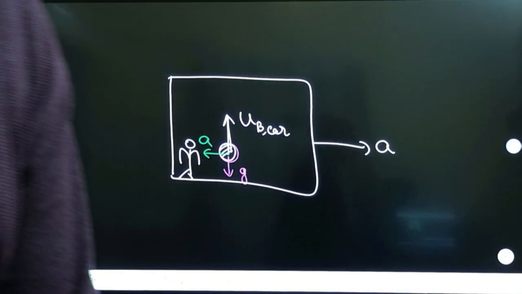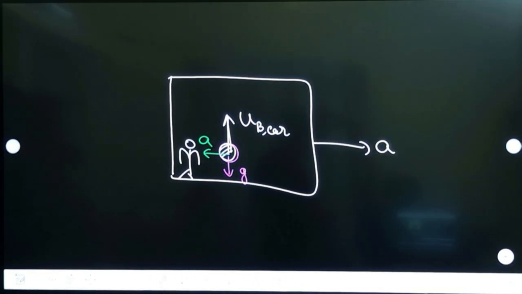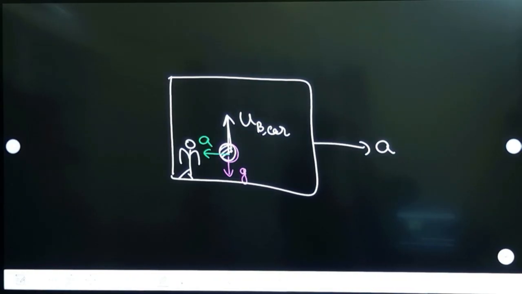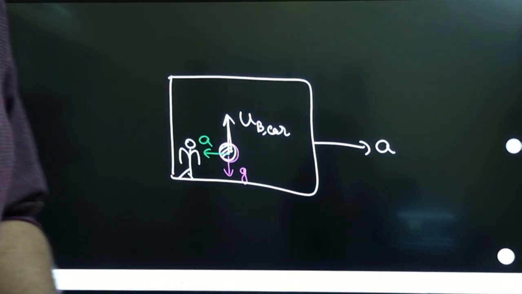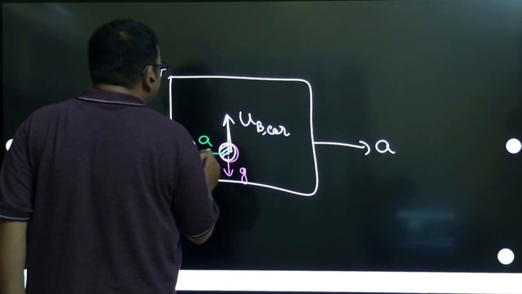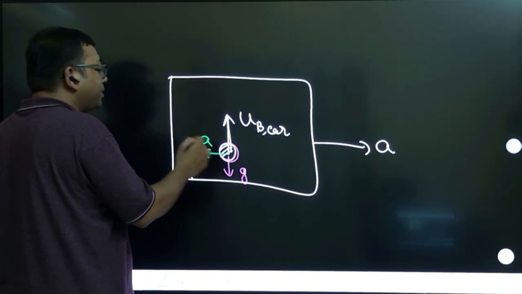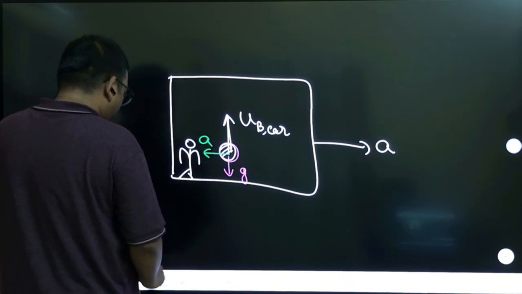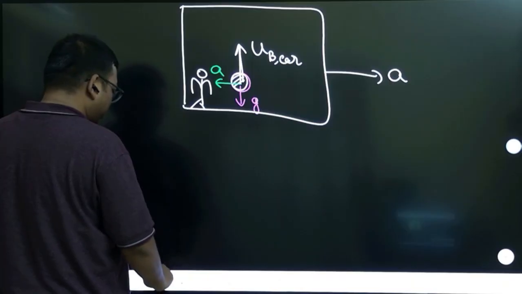I think this question we also discussed in the class. It is a very important question, conceptually also very important, right? So first of all, we need to know that this acceleration A and g, two accelerations, will be acting according to this observer. Okay. So now what will be the resultant of these two accelerations?